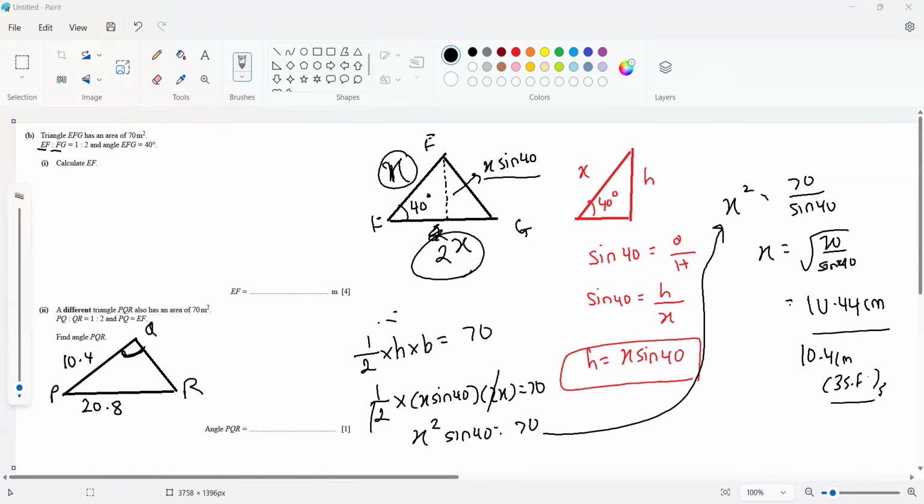I guess in this sense, they are asking us to redraw a different variation of this.